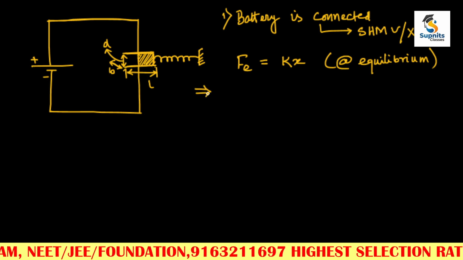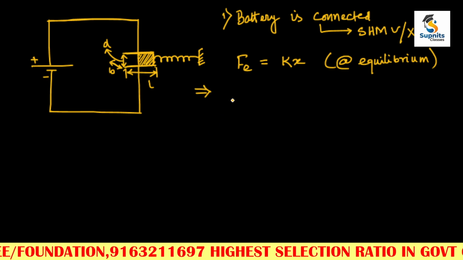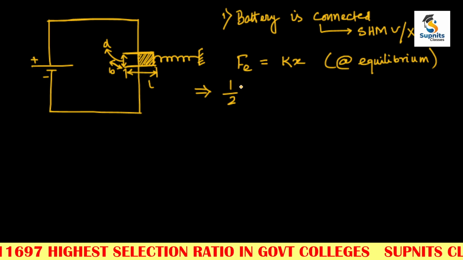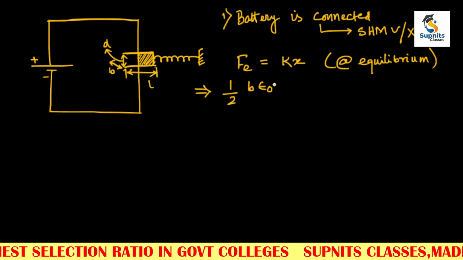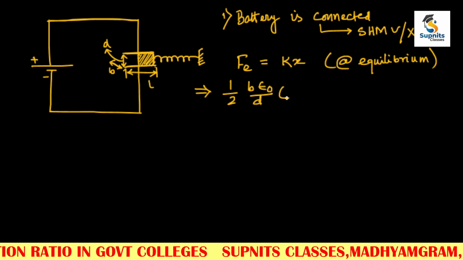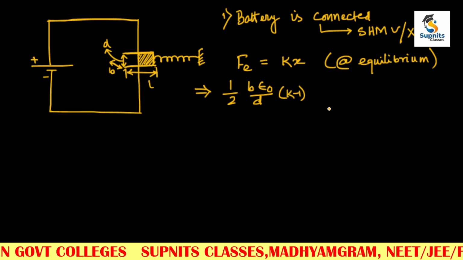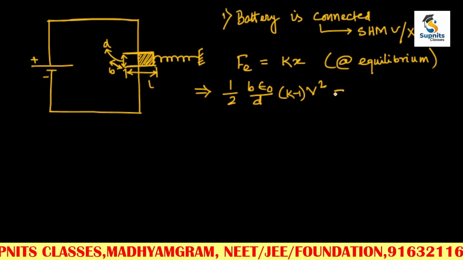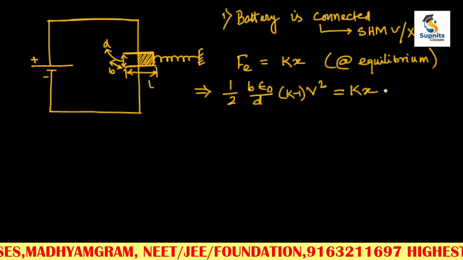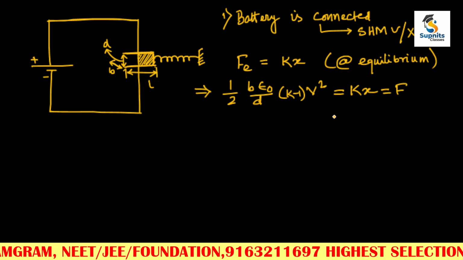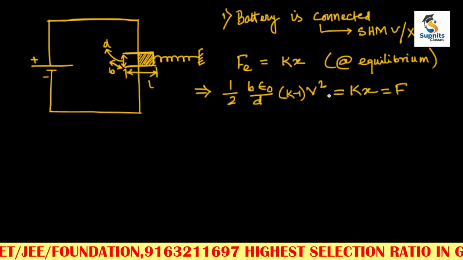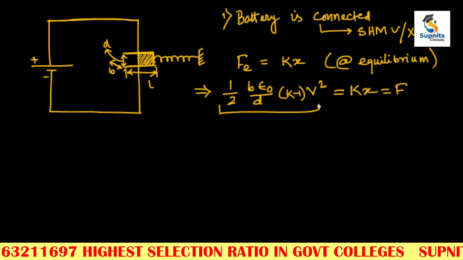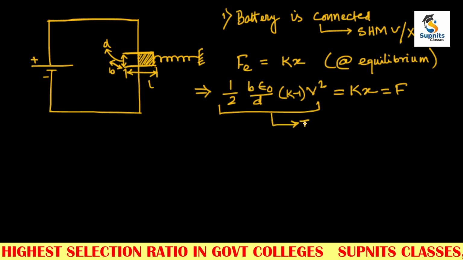So we have already calculated this force, so this will not be a very much difficult thing for us. So this force is nothing but half B epsilon 0 by d k minus 1 v square. Okay, so this is equal to kx, or you can say this is equal to the force. So if you think this is the force, you can clearly see that this total term, as I have already said, is independent of x.